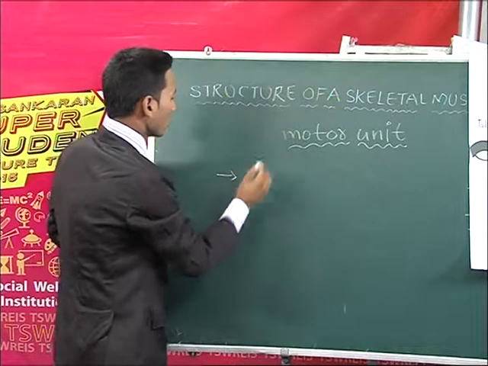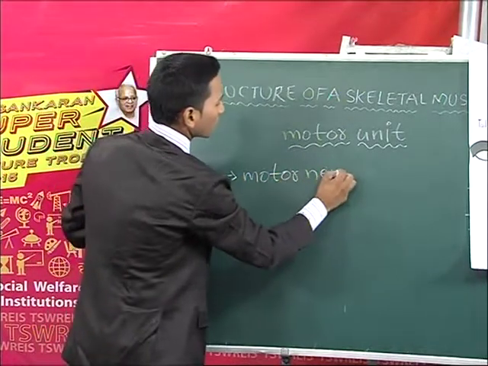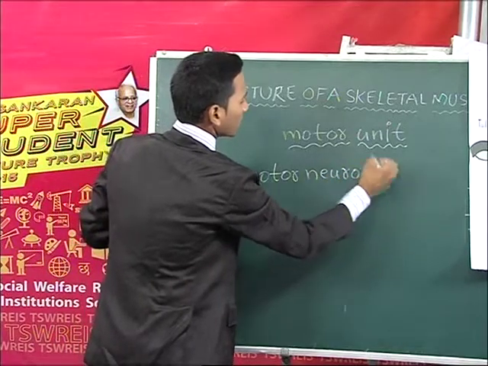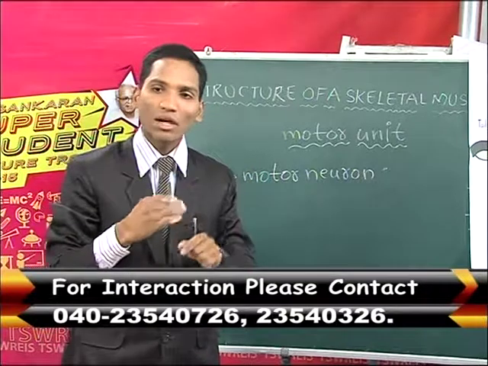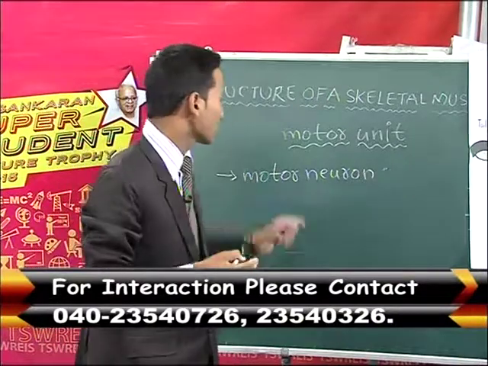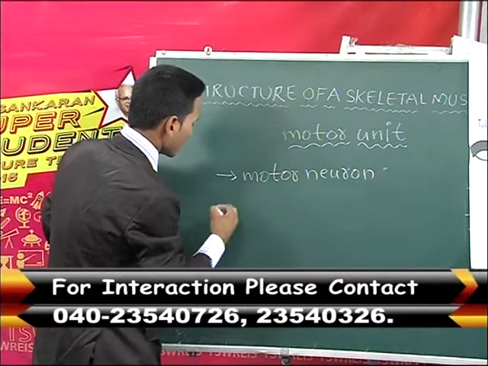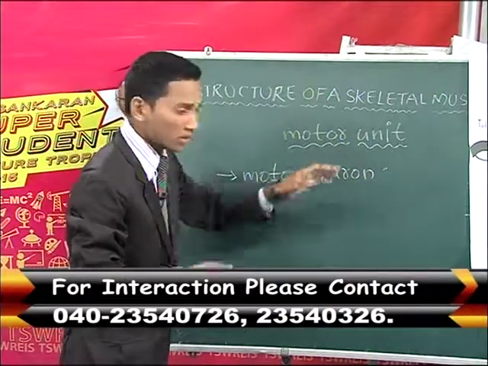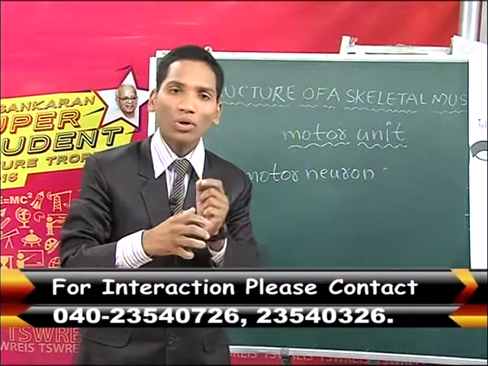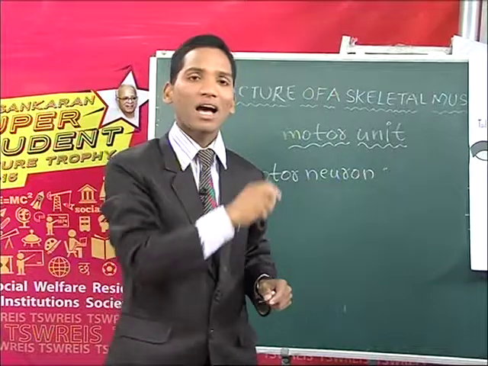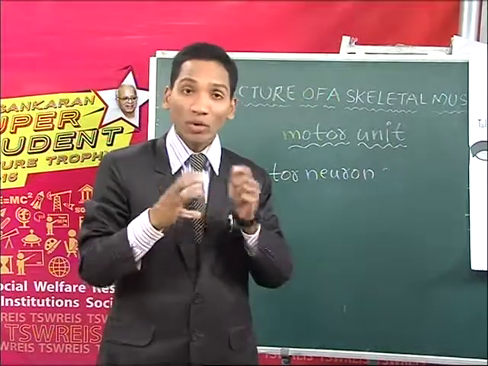So the motor neuron and the set of muscle fibers constitute what is called the motor unit. The junction in between the sarcolemma and the motor neuron is called the neuromuscular junction or motor end plate.